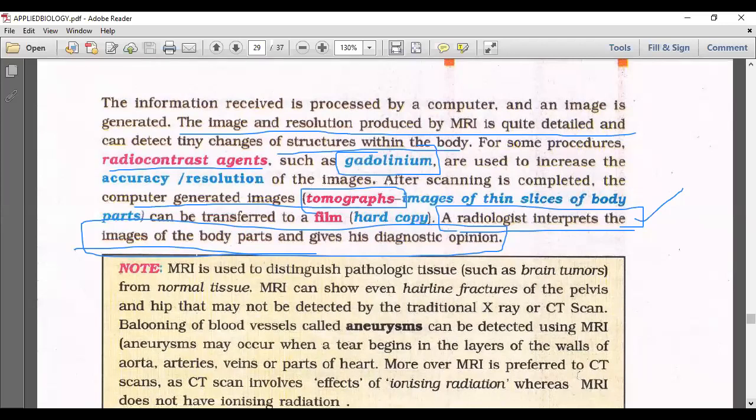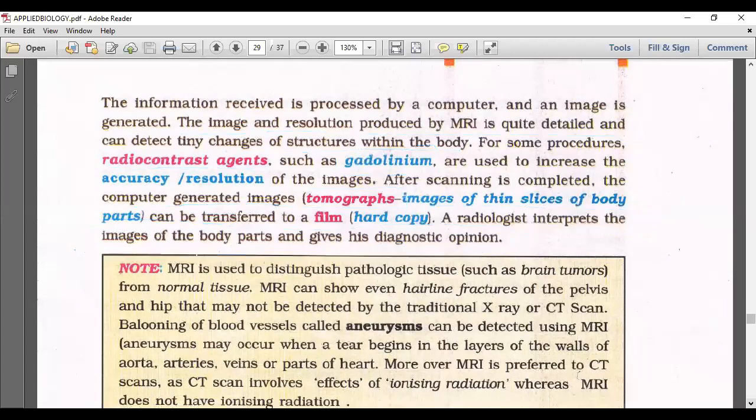Okay, next, MRI is used to distinguish pathological tissues such as brain tumors. Particularly, it is very good for distinguishing brain tumors from normal tissue. MRI can show even hairline fractures of the pelvis, the hip region, that may not be detected by a traditional X-ray or CT scan.